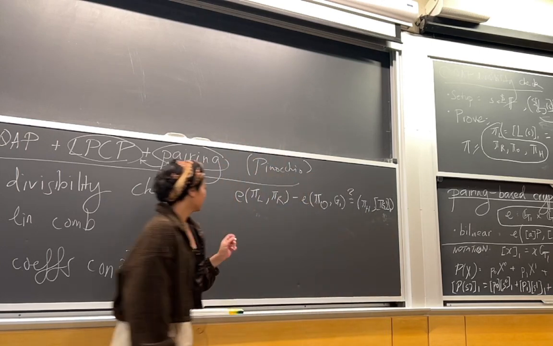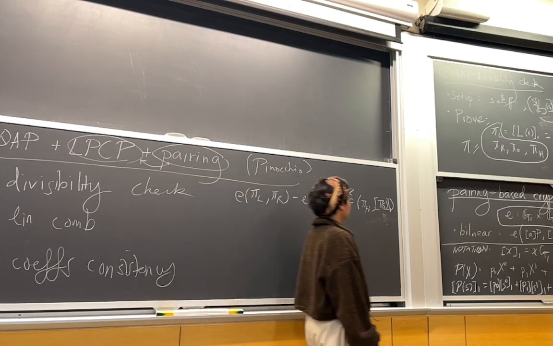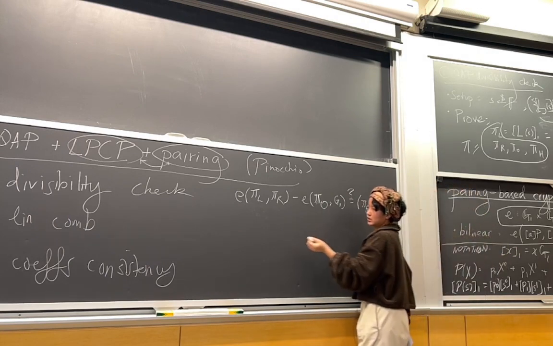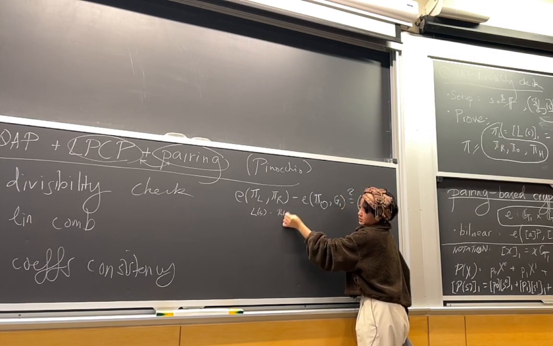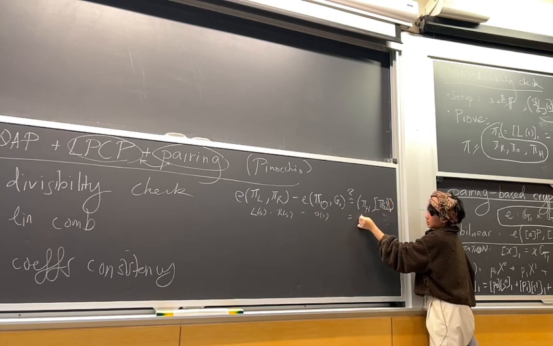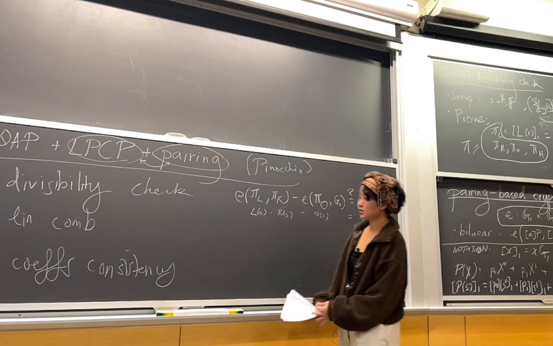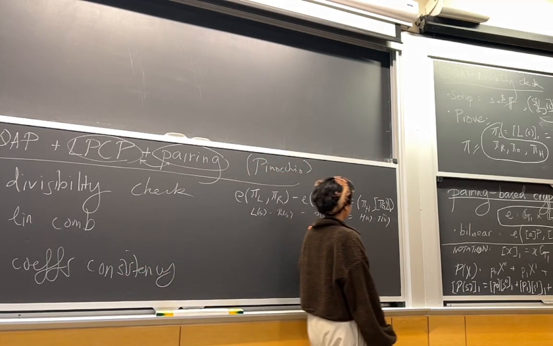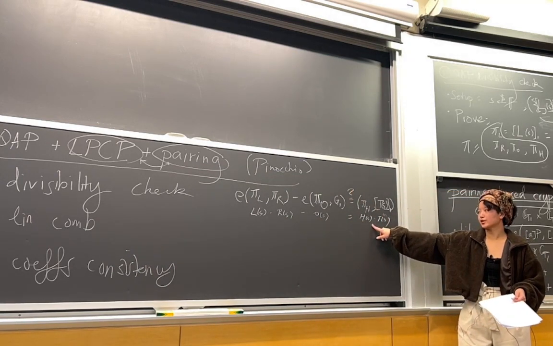So let's see why this works. Basically, this pairing check is equivalent to doing the following check in the exponent. It's equivalent to checking that LS in the exponent times RS minus OS equals HS times TS. And basically, this tells me that you have a satisfying assignment and that HS is actually a polynomial.